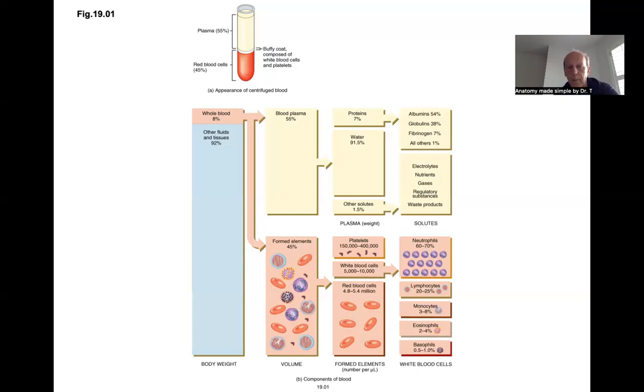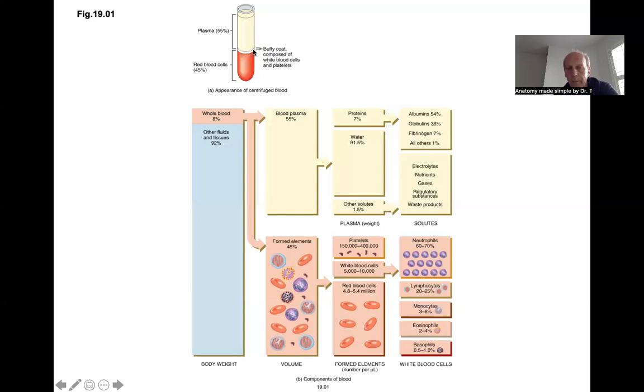Formed blood elements, which are heavier, whether they're red blood cells or white blood cells or platelets, are going to start separating from the liquid within which they're suspended. As a result of their further separation, we're going to have at the bottom of the vial about 45% of the volume of whole blood, which will be red blood cells.